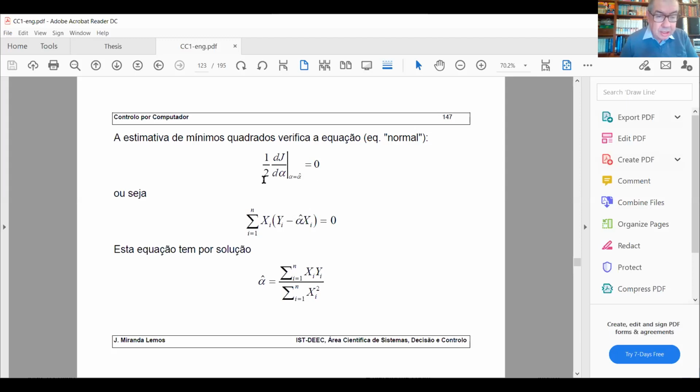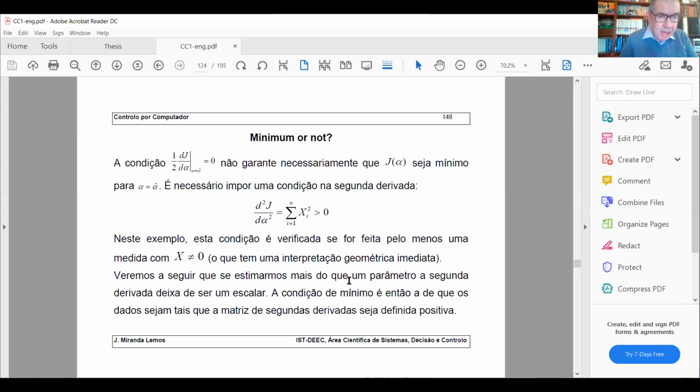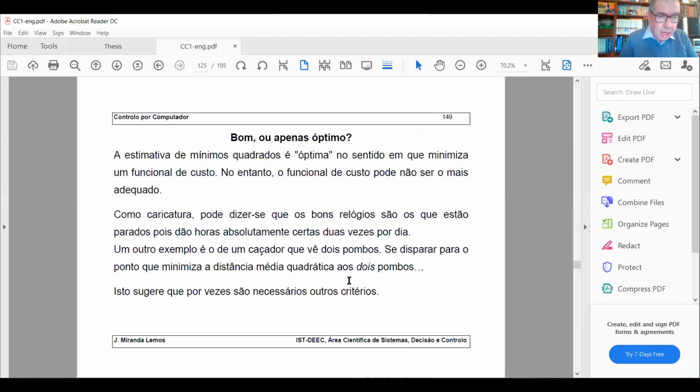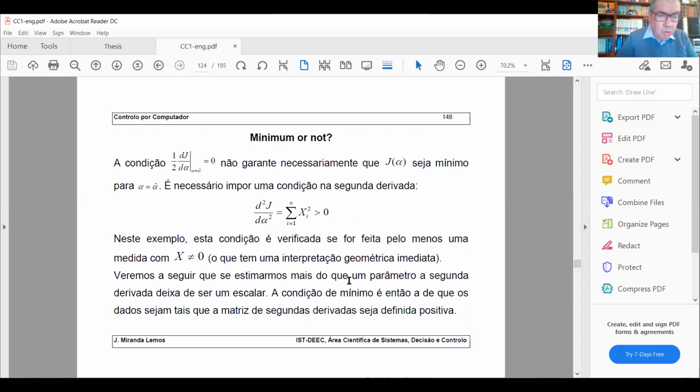So 1/2 is a good choice because it simplifies the computations. We have seen that. And you compute the derivative and you equate to 0 and you solve this system of equations.